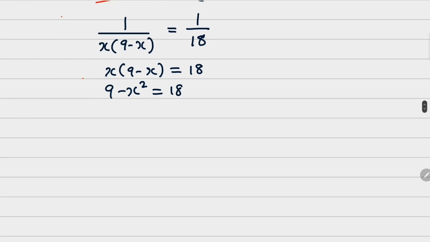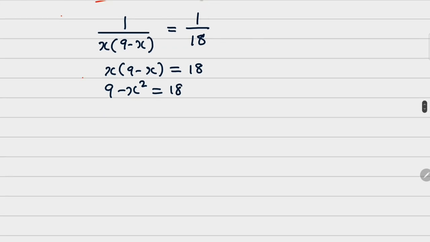Collecting it and making it to really look like a quadratic equation, I'm going to have x squared, and this is 9x. So take note, please. It's going to be x squared minus 9x then plus 18 is equals to 0.